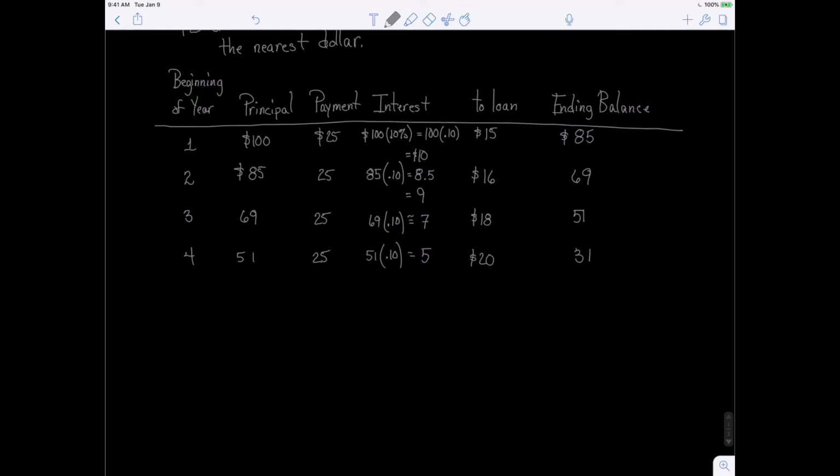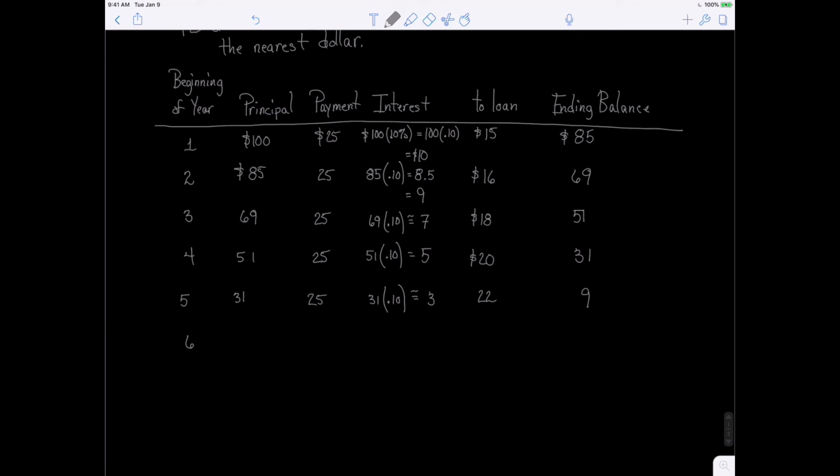Okay, so we continue. Year 5, we begin with $31 being owed. We make a $25 payment, but remember, we owe 10% of that $31 in interest, which is, to the nearest dollar, $3. So that means that $22 now goes towards the loan, so we owe $9.